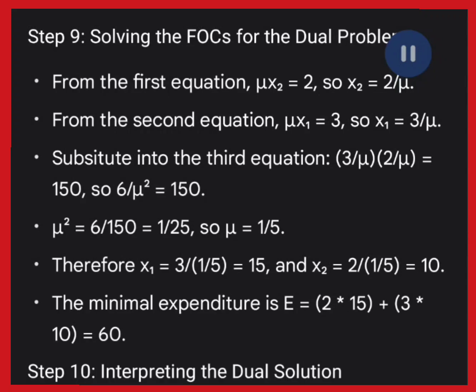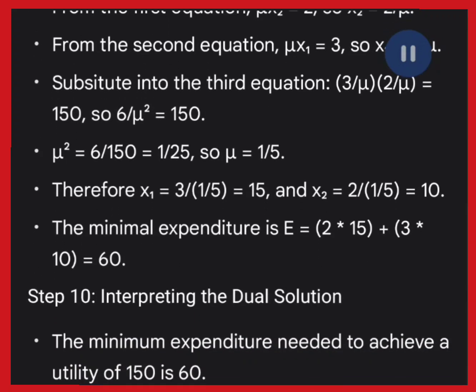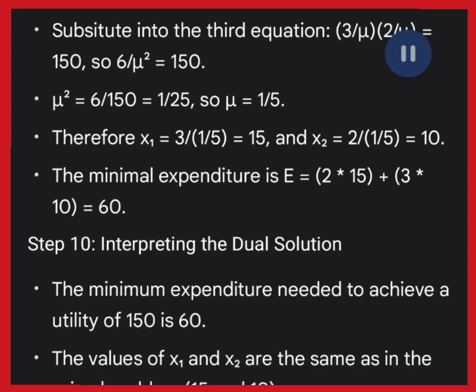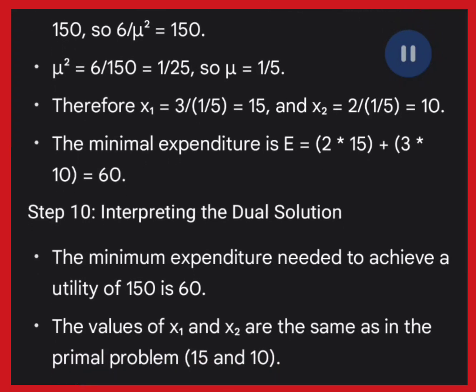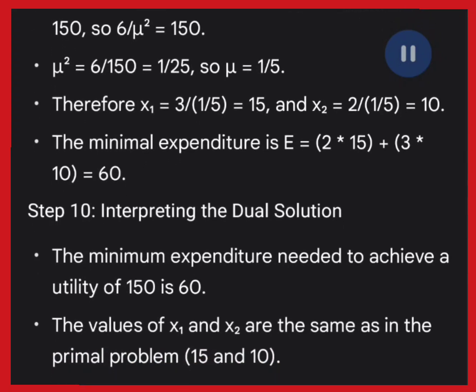Substitute into the third equation: (3/μ)(2/μ) = 150, so 6/μ² = 150. μ² = 6/150 = 1/25, so μ = 1/5. Therefore x₁ = 3 × 5 = 15, and x₂ = 2 × 5 = 10. The minimal expenditure is E = 2(15) + 3(10) = 60.